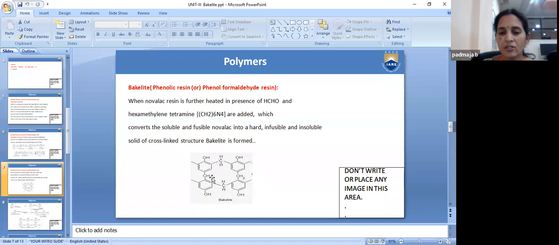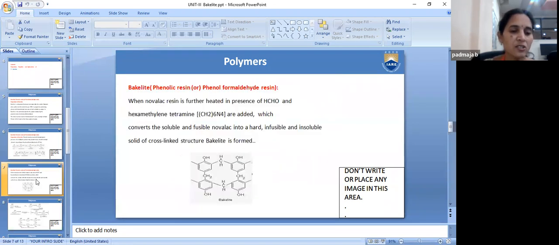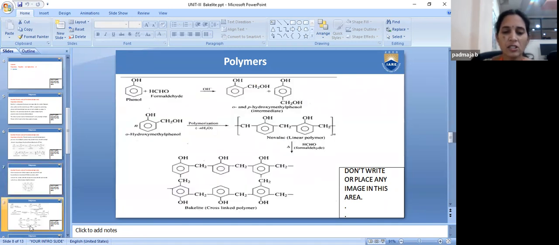So step 3: we take Novolac, add formaldehyde and hexamethylene tetramine catalyst, and heat the polymer. The fusible Novolac converts into a cross-linked structure, and that cross-linked structure is Bakelite.